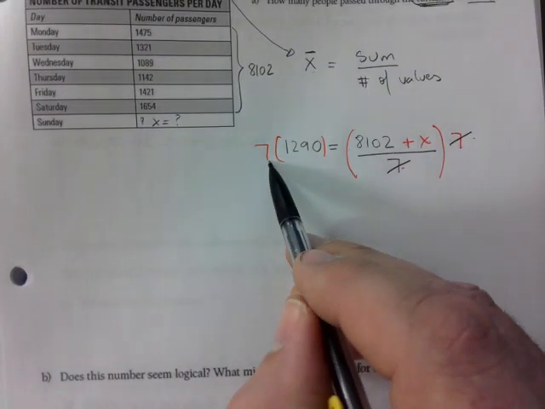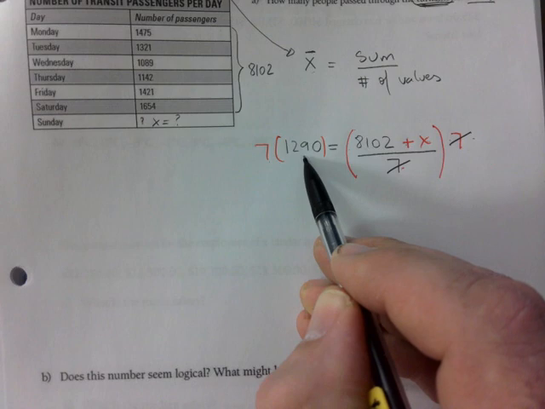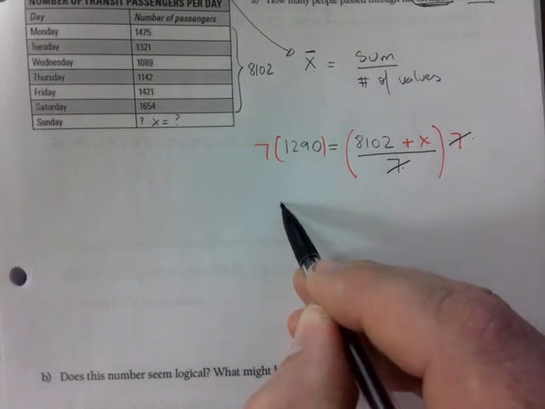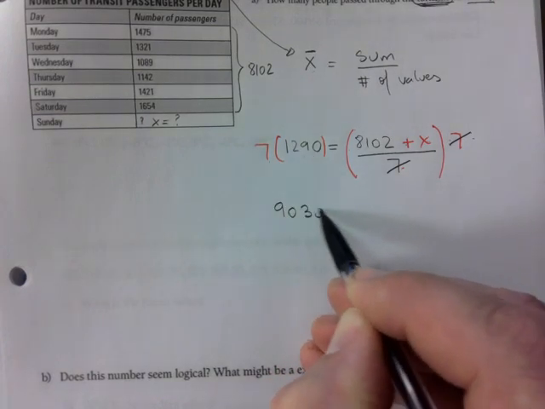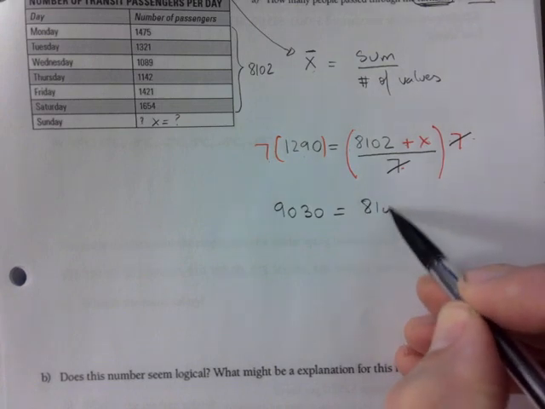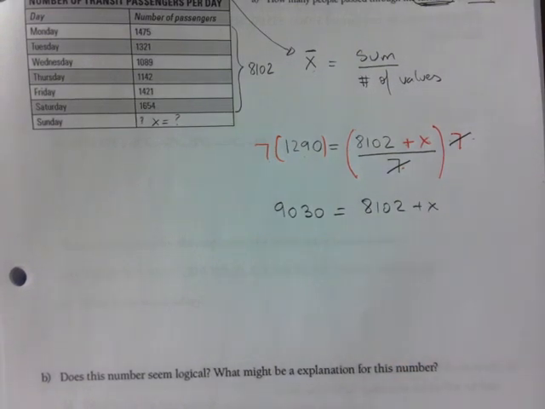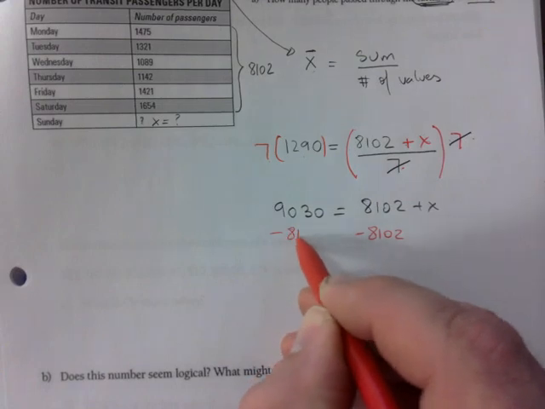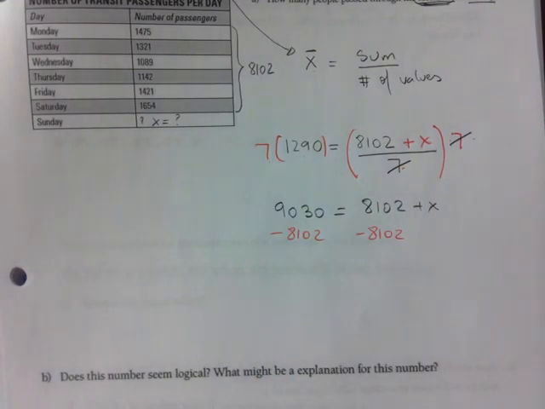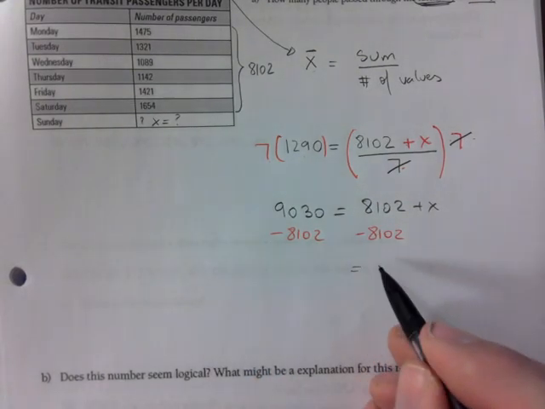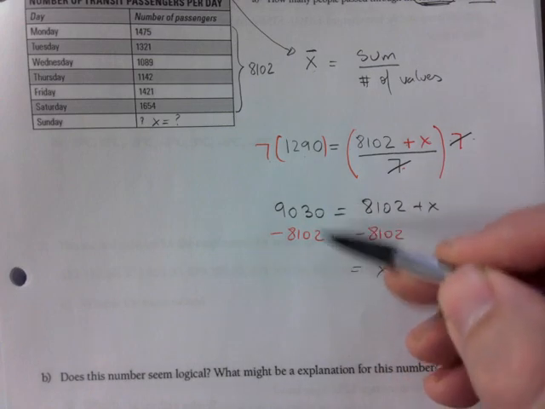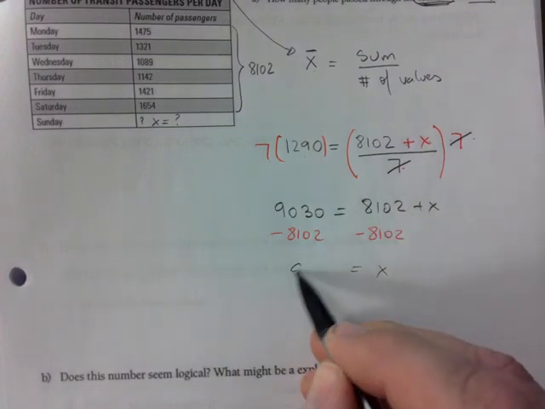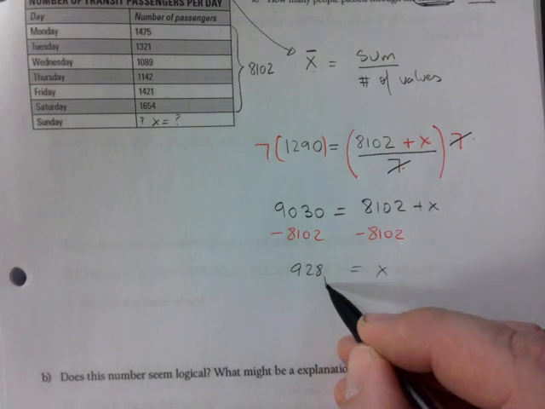And on this side, it is 7 times that, which is 9,030. You're left with 8102 plus X. What happens next? Subtract 8102. X is equal to, subtract this, you get 928 passengers.